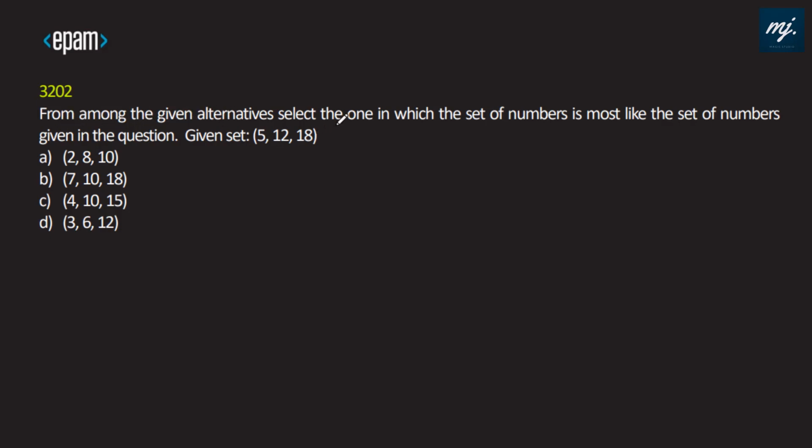From among the given alternatives, select the one in which the set of numbers is most like the set of numbers given here. If I go for the differences, this is 7 and this difference is 6. The difference is decreasing by 1. In option A, the difference is 6, 4, decreasing by 2. In option B, the difference is 3, 8, 10 minus 10, 18 minus 10 is 8.